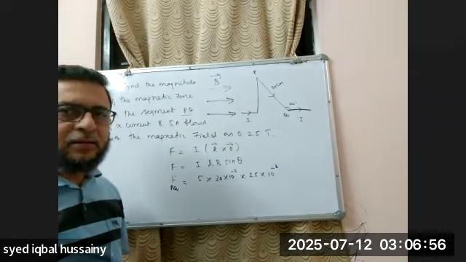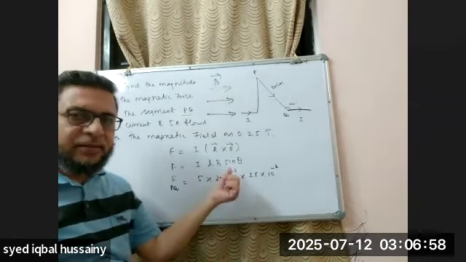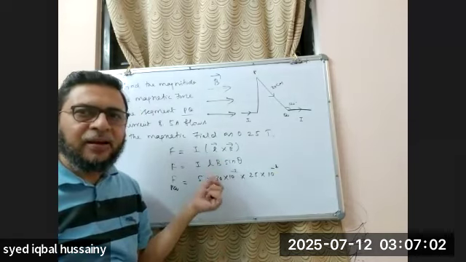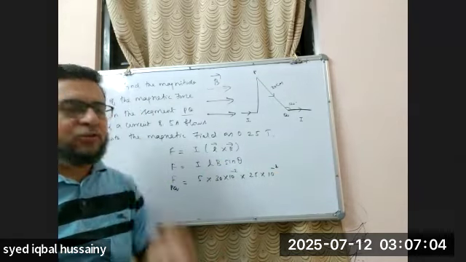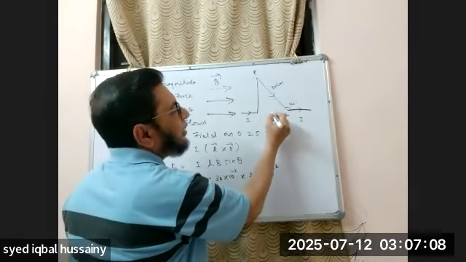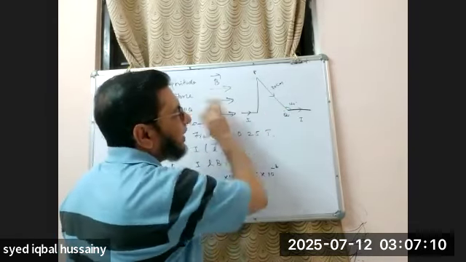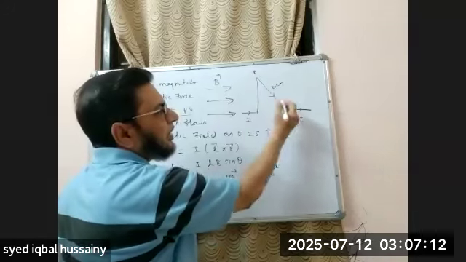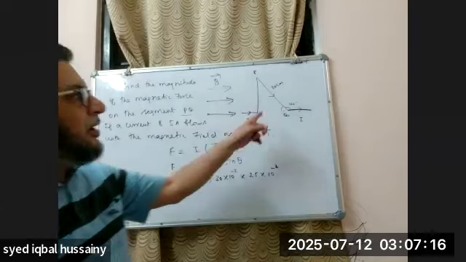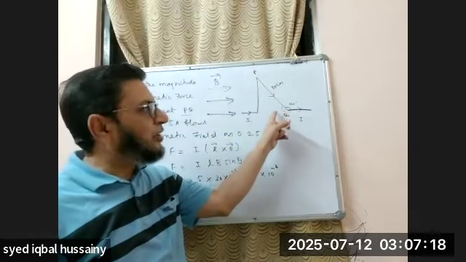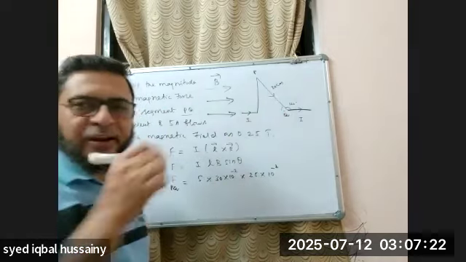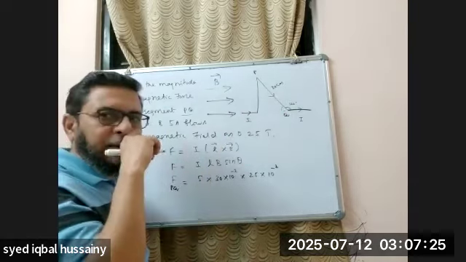Sin theta, this is very important. Theta represents the angle between L, the length of the conductor, and the magnetic field. The length of the conductor and the magnetic field angle is not 120 degree here. It is 60 degree, because the total straight line is 180, and 180 minus 120 is 60 degree.